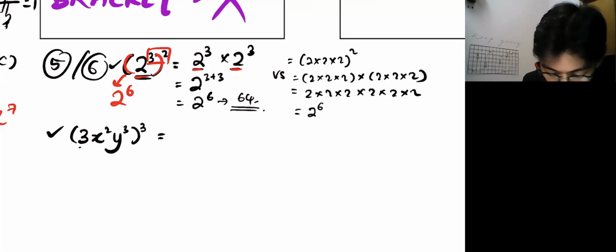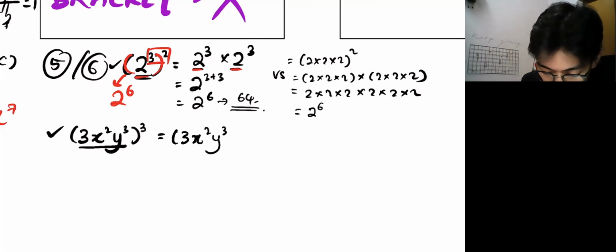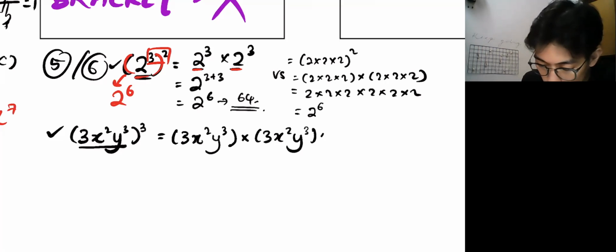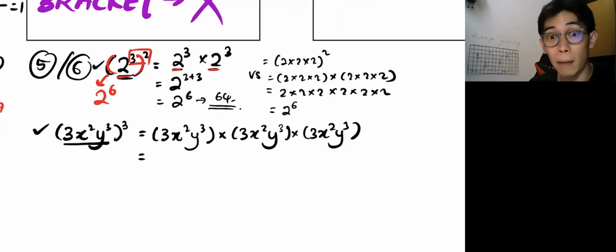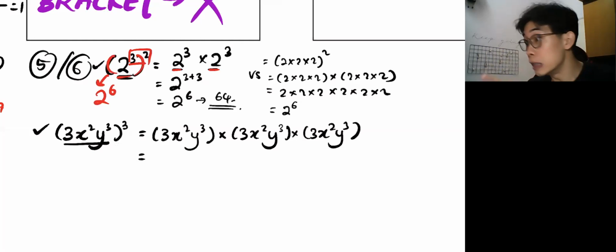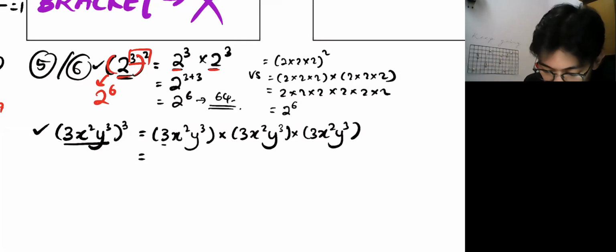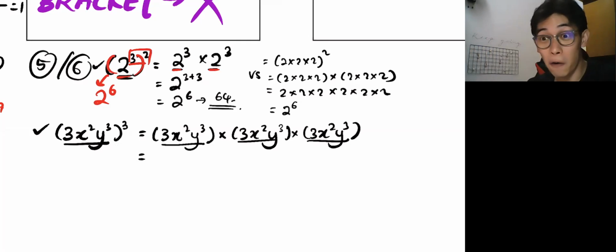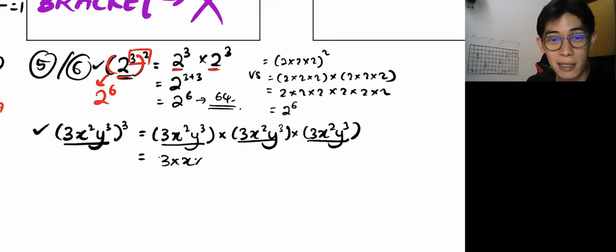So this one, you know it will be 3x squared y cubed times 3x squared y cubed, and you're going to times it one more time because there are 3 of it. I'm okay if you skip this because I'm here to explain the idea. In your Form 1, you learned this before. You say, oh teacher, I know, the first bracket is 3 times x times x.